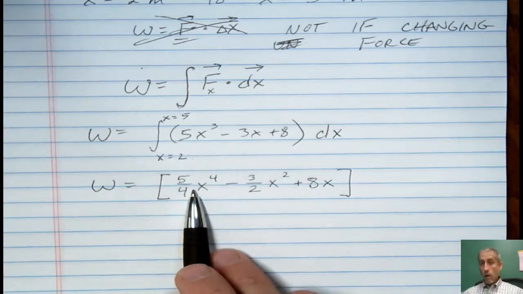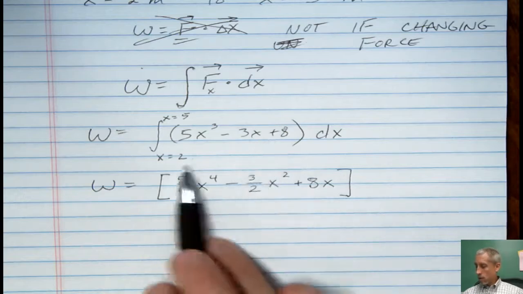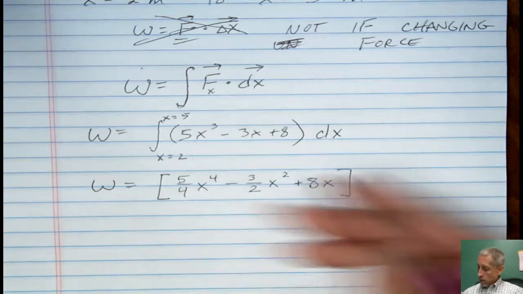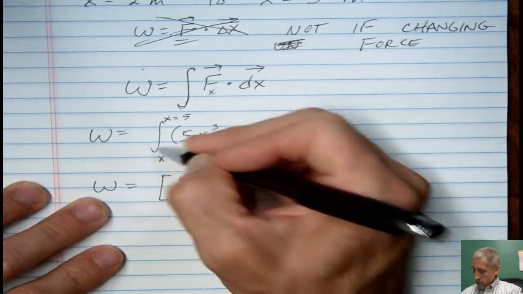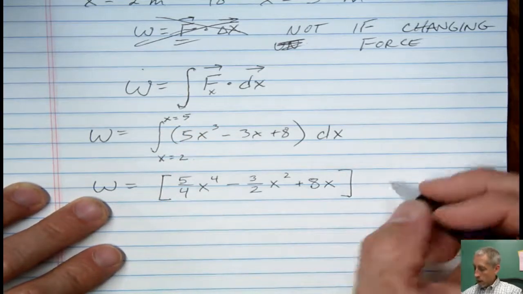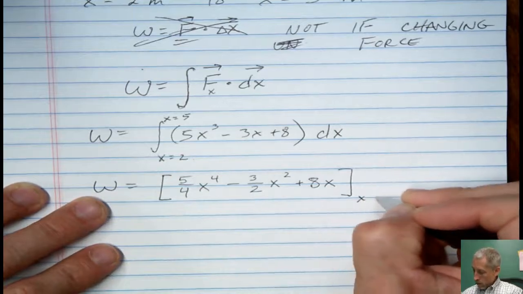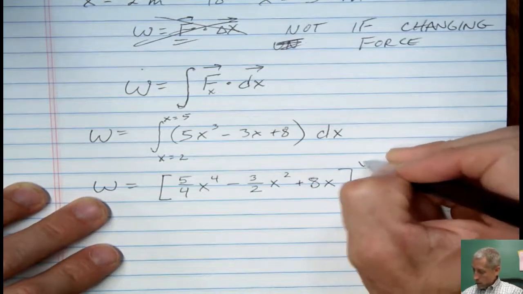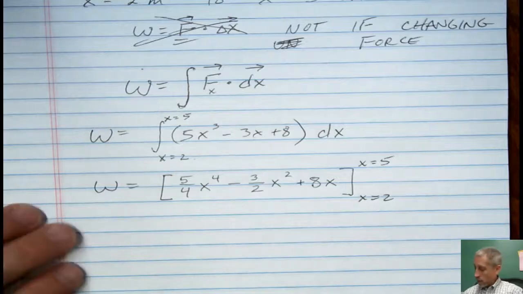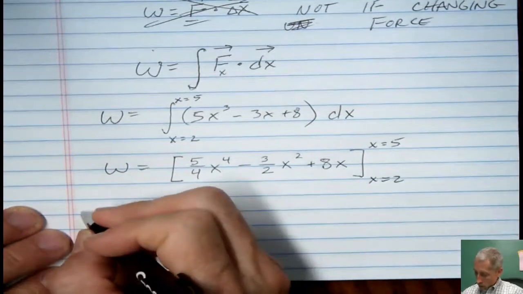There are actually other functions that will give this as a derivative, but this is the one I think you could recognize most obviously. So we've gotten rid of the S. I've put my new antiderivative function here in brackets, and now I put my limits over here on the right side. It seems a little strange, I know, but that's just how calculus people do it, and physics people also.